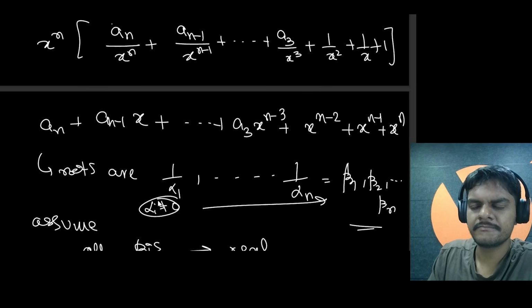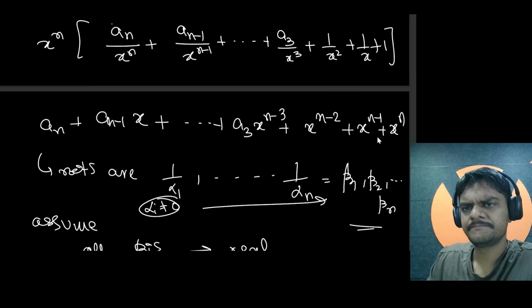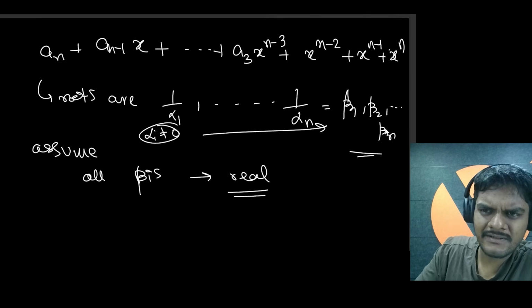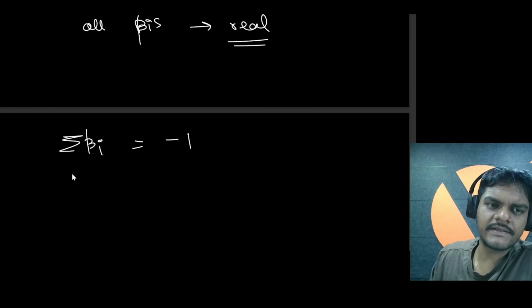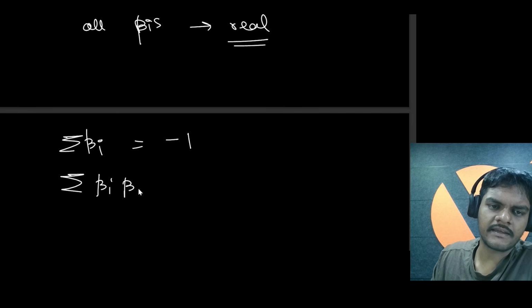Summation of beta I: if you see summation of beta I, that is 1, I think. Minus 1. Okay. What is summation of beta I beta j, such that I is less than j?